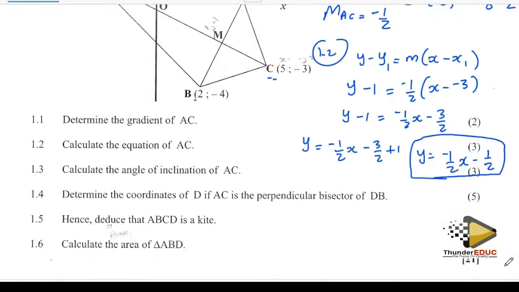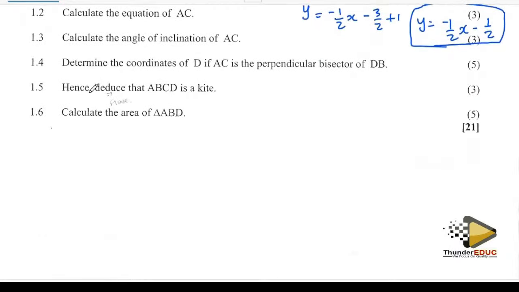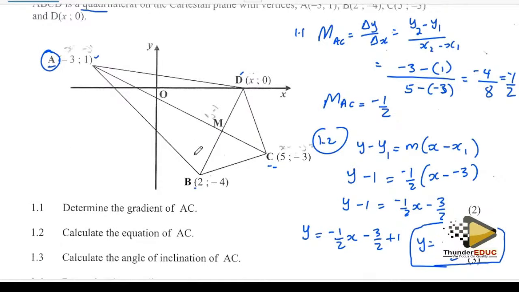Then 1.3, they're asking for the inclination. One thing we know about the inclination is basically the angle that the line AC makes with the x-axis. Now I prefer the positive angle.